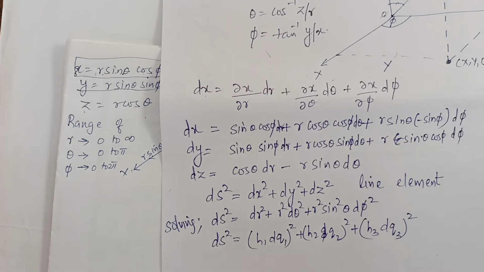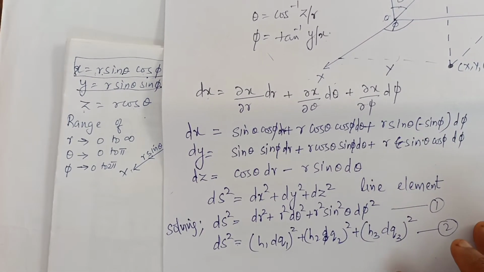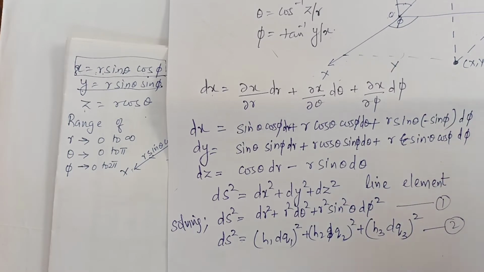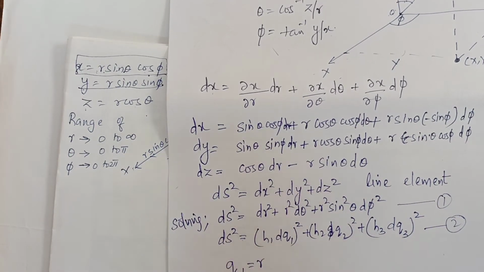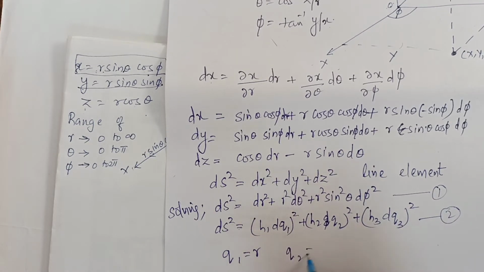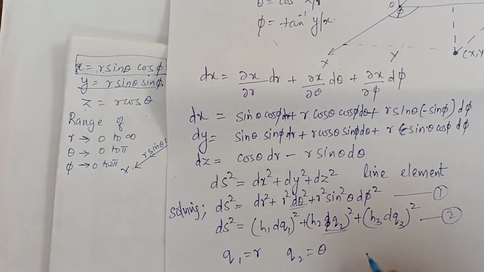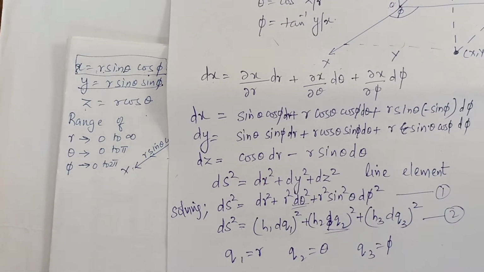And we were saying that in orthogonal curvilinear coordinates, hij is equal to 0 where i is not equal to j. Now we are going to compare these two equations, and comparing them, we can write q1 is equal to r, q2 is equal to theta, and q3 is equal to phi.